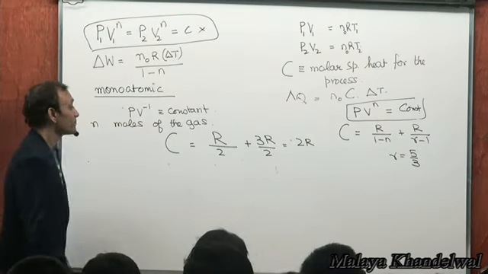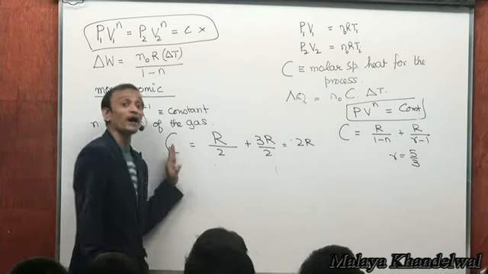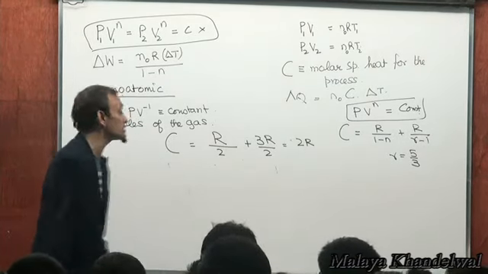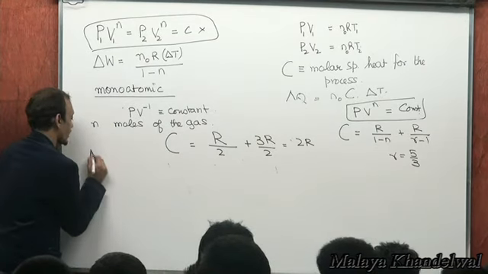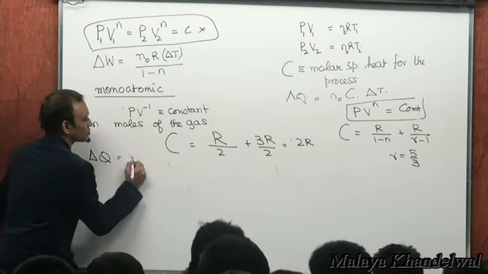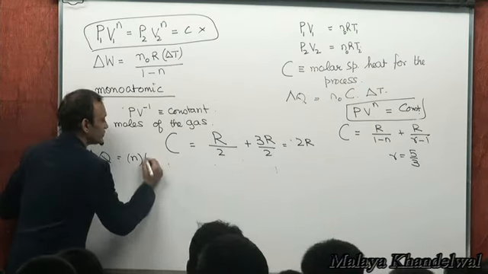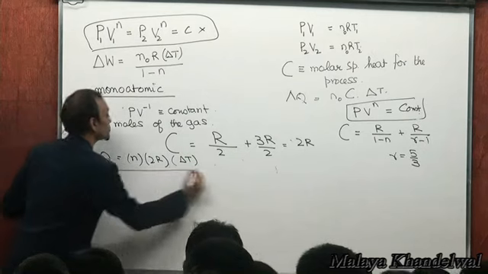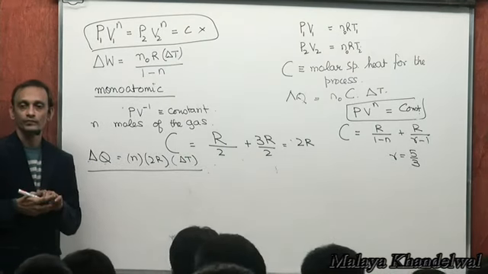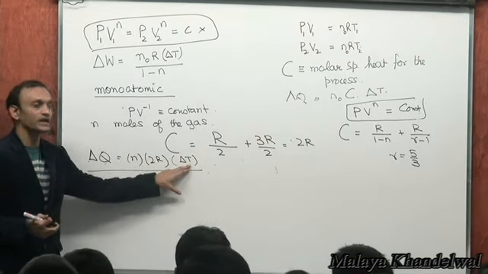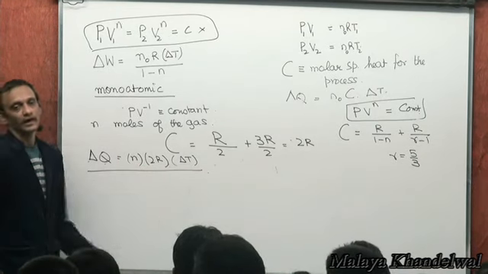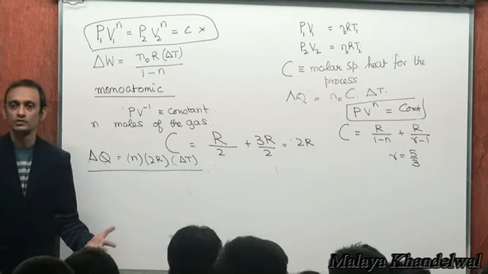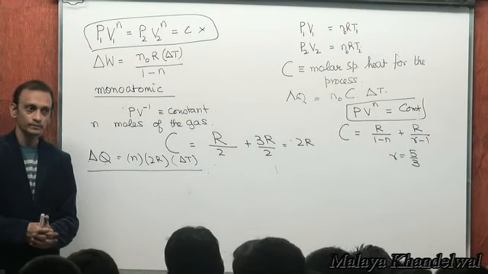Right? So once you have the molar specific heat for the process, then life becomes very simple, because the amount of heat required for n moles is going to be n into C, which is 2R, into delta T. That's going to be the heat required. If delta T is 50 Kelvin and n is 1 mole, then that's going to be 100R joules.